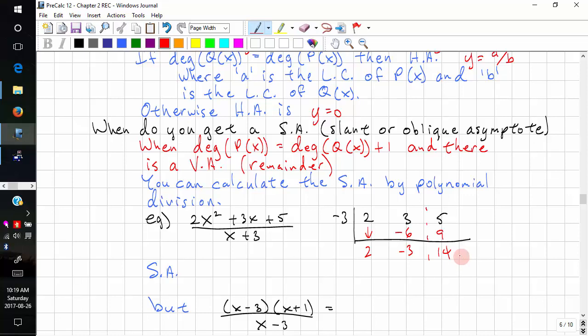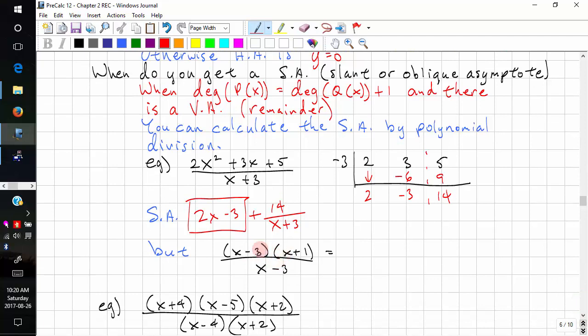Okay, so there's a remainder here. So there is a slant asymptote, and the slant asymptote is the quotient. So we have 2x minus 3 is the slant asymptote. Technically, we would write out plus 14 over x plus 3, but the slant asymptote is this. This will go to 0 when it's going to infinity.